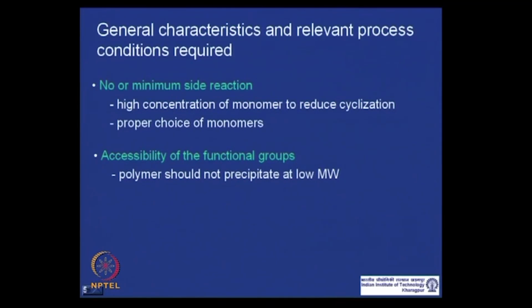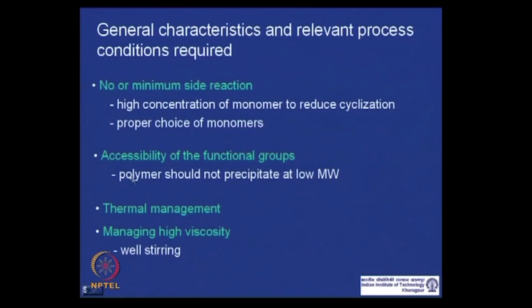If some oligomers form which get precipitated out of the solution, if you are doing the reaction in a solution, then the functional groups are not available to react. So, your solvent or medium should be such that your functional groups are always accessible to react.